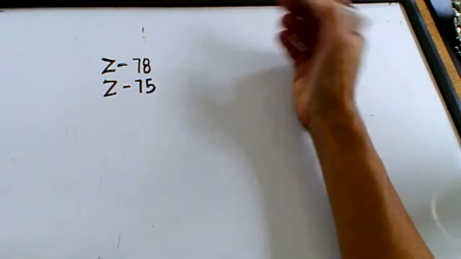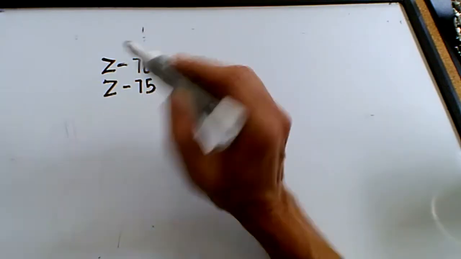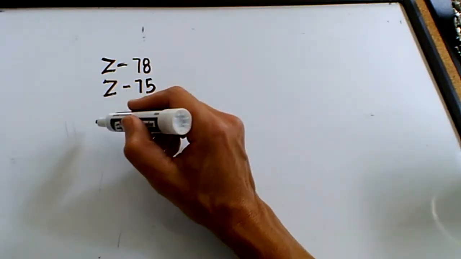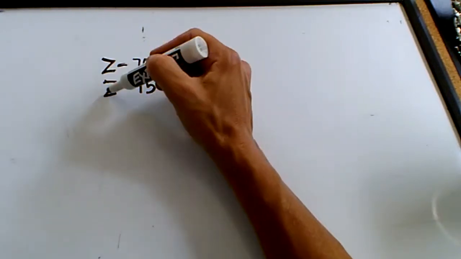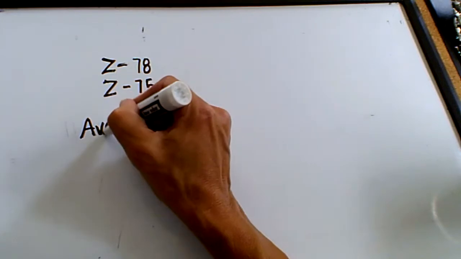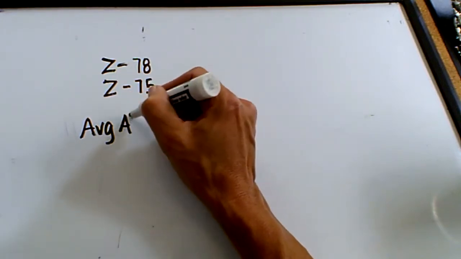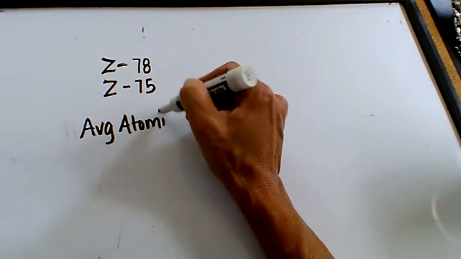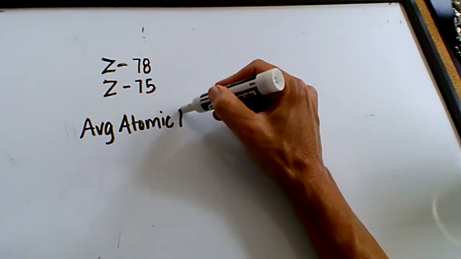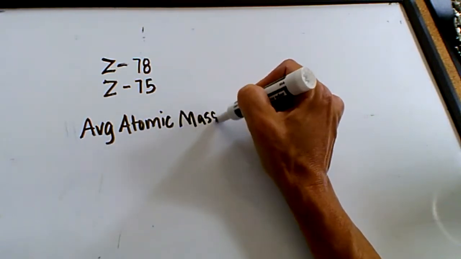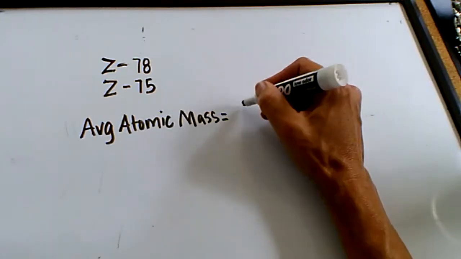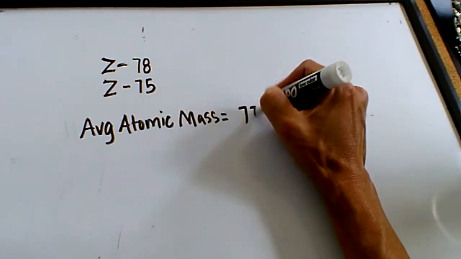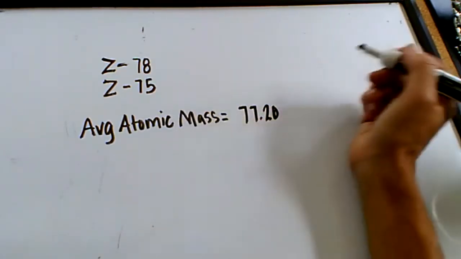And I know its average atomic mass either because it was given to me, or because this is a real element, so I find it from the periodic table, right? If this was a real element, I would look at the periodic table to determine the average atomic mass. This is a fake element, so I am making up a number, okay?